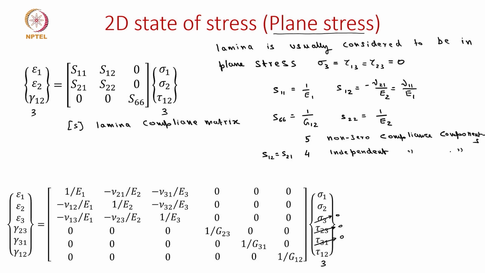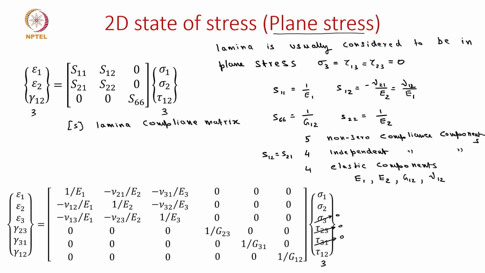We can now say that there are only 4 independent compliance components. How many elastic constants did we use to write these components? We have used 4 elastic constants, which include the E1, E2, G12 and nu12.